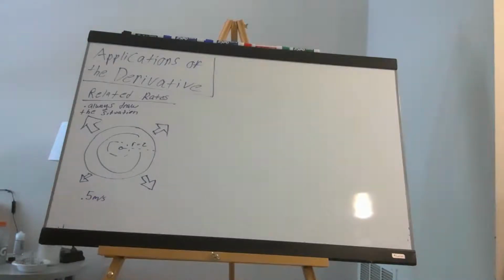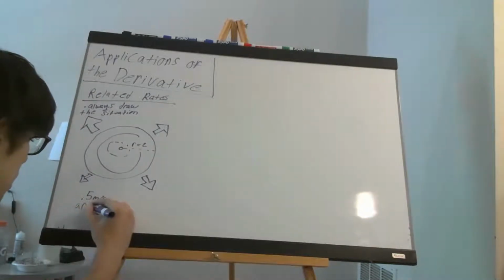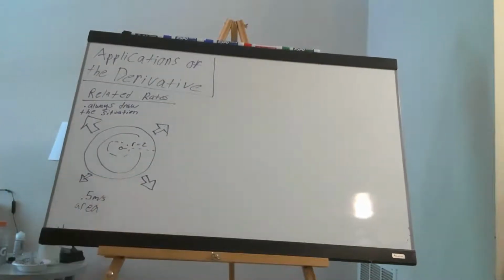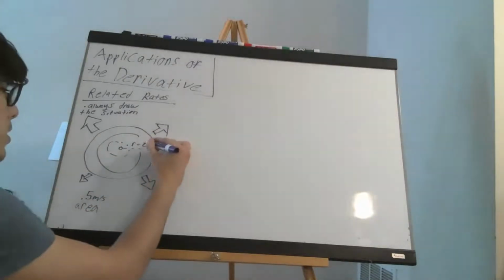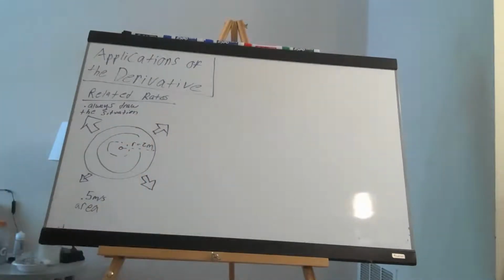How fast is the area of the circle increasing when the radius of the ripple is 2 meters? That's another important detail.